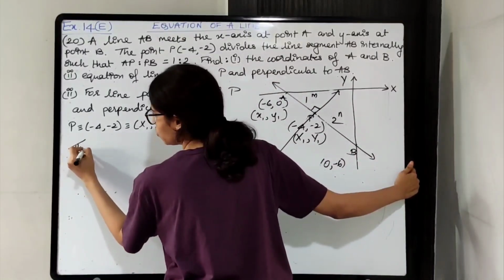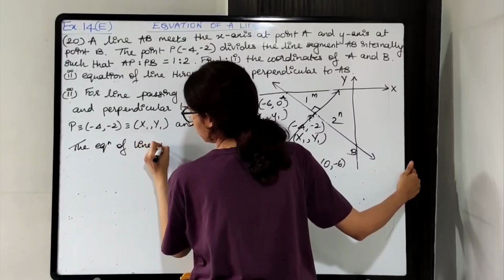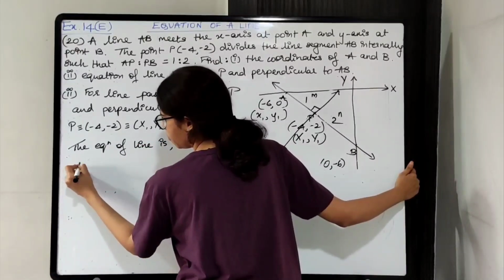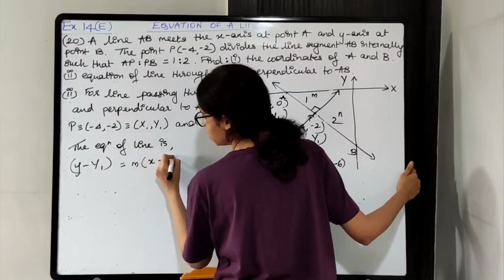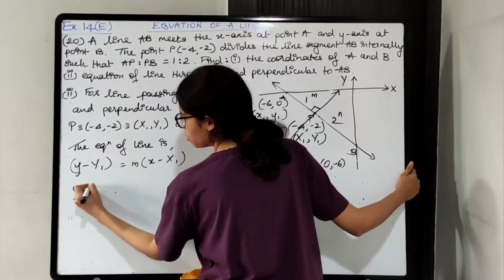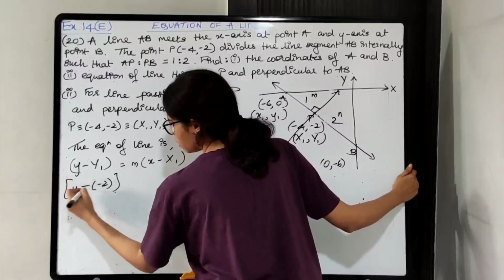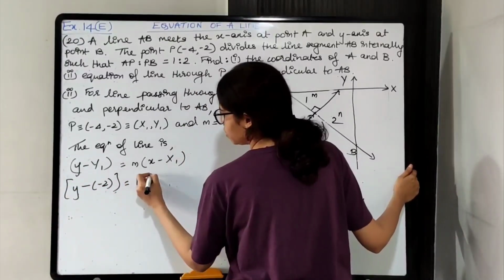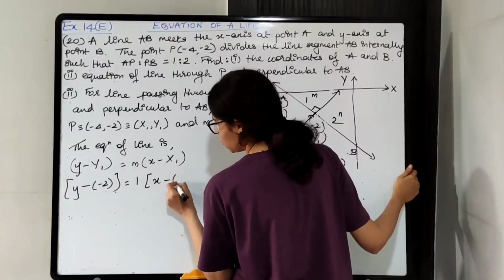So the equation of the line is y minus y1 equals m into x minus x1. Let's put the values. y1 is minus 2, m is 1 and x minus x1 is minus 4.